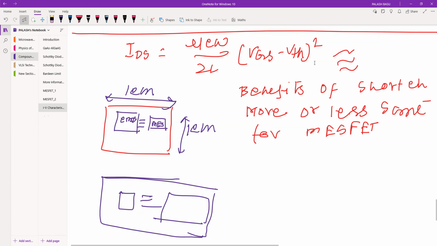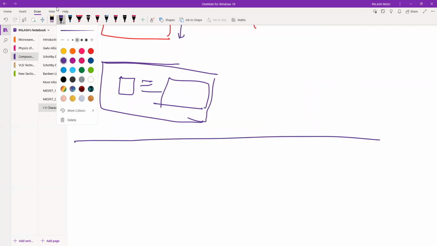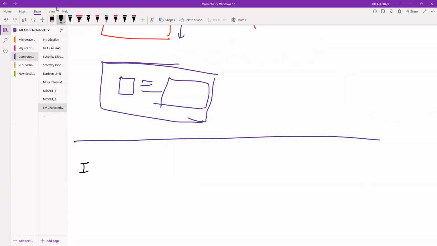Now, how to incorporate the contribution of the channel length L? Let me write. We have to write the basic expression, which is G0 by, VDS minus VP0.